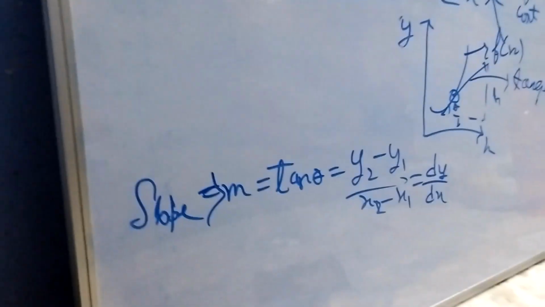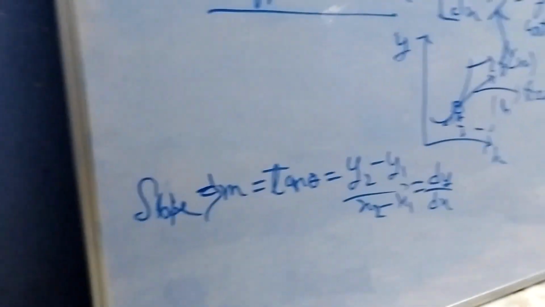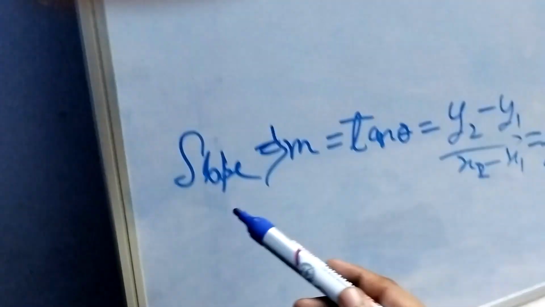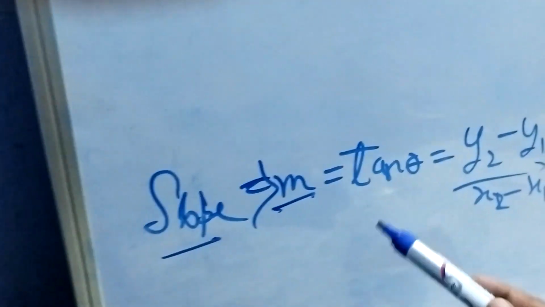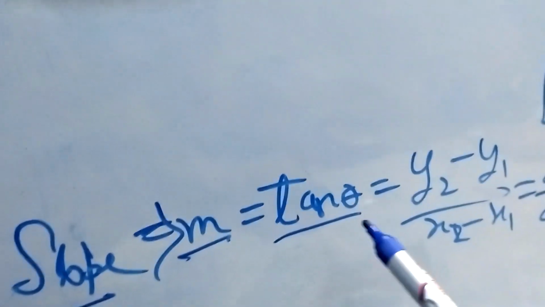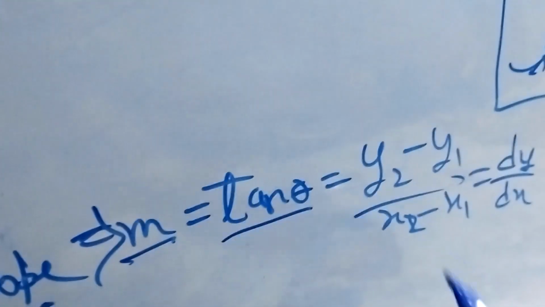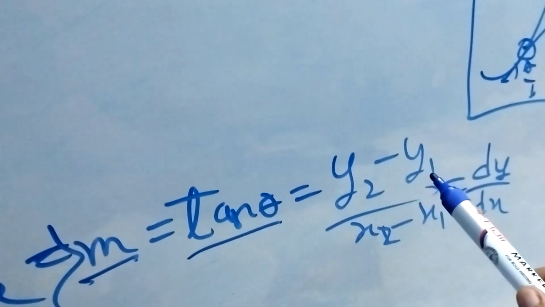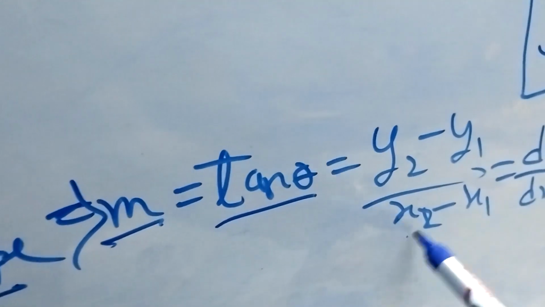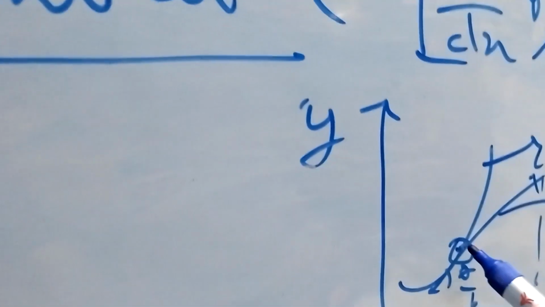Differentiation is nothing but the definition of the slope or gradient of that very function at that very point. As you have learned in your class 8 or 9, the slope can be defined as m. What is that m? It is tan theta, the tangent of theta with respect to the x-axis. It can also be defined algebraically as y2 minus y1 by x2 minus x1, that is, the change in points, right?